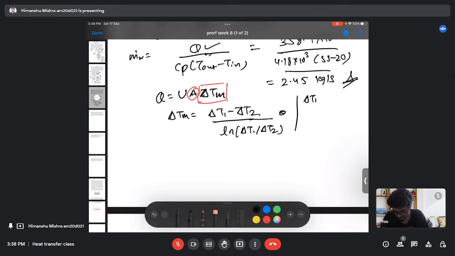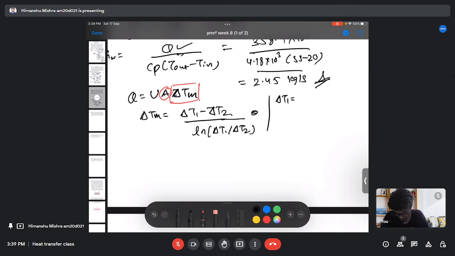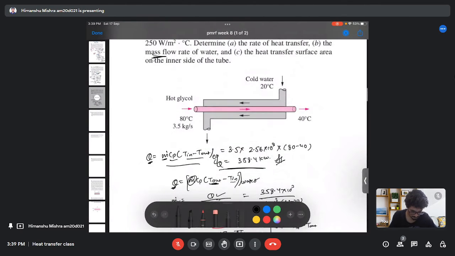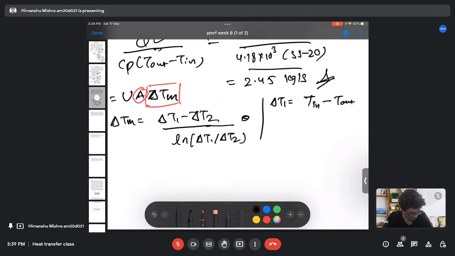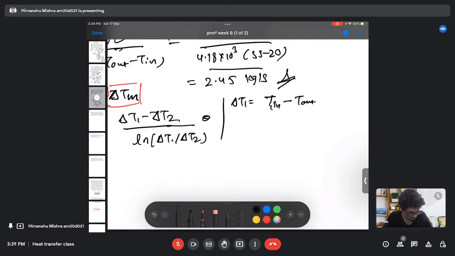So my delta T1 now is, this is for the ethylene glycol, and this is for my water. This is the outlet temperature of the ethylene glycol, and this is my inlet temperature of the water.